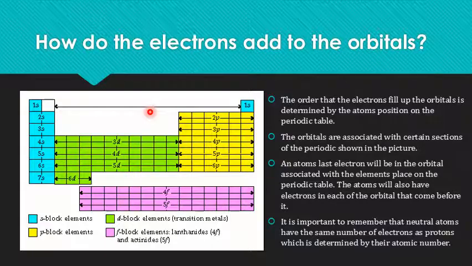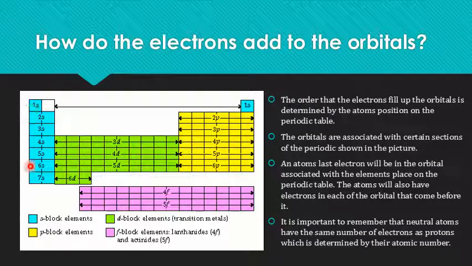So, let's just take a look at our periodic table. This periodic table has been color-coded for our orbitals. So it has been found that when an atom adds its last electron, depending on where it is on the periodic table, it follows a pattern.